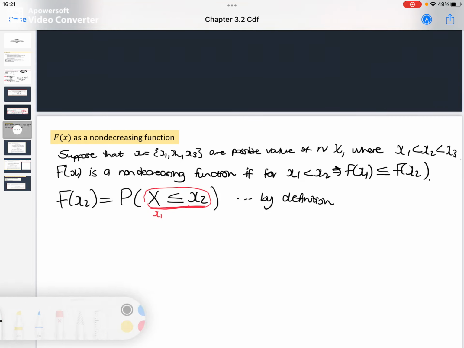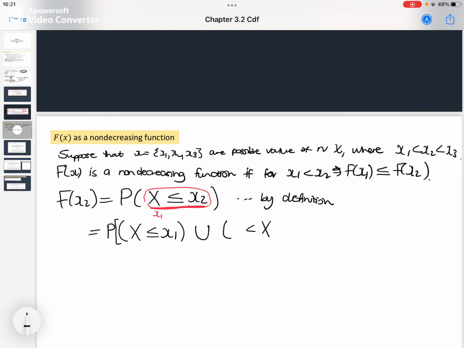So this is equal to the probability that X is less than or equal to x1, union with any X value that is between x1 and x2, if there are any.